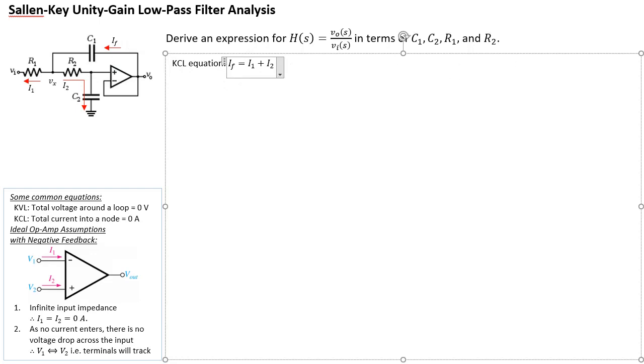Now let's have a look at other kinds of equations. Let's look at IF first.